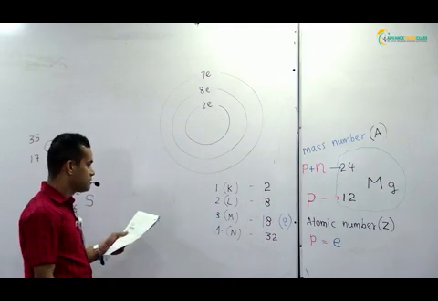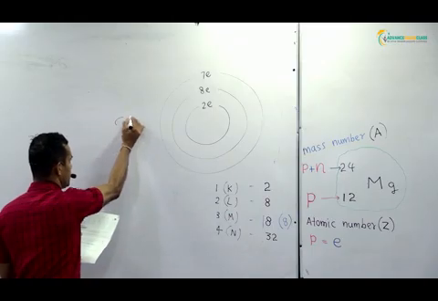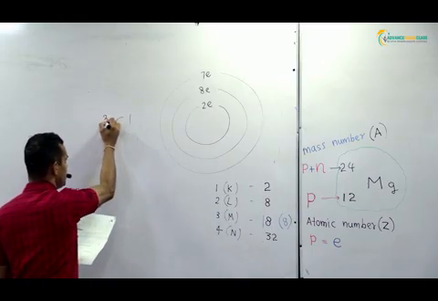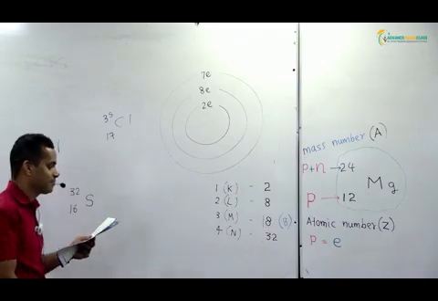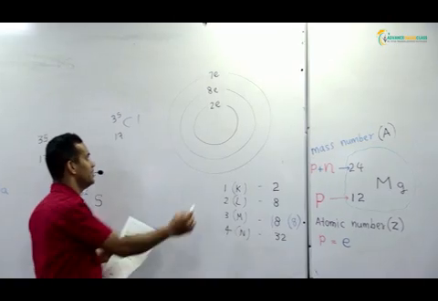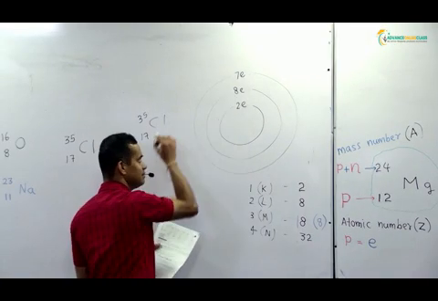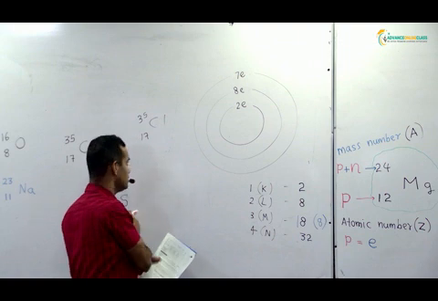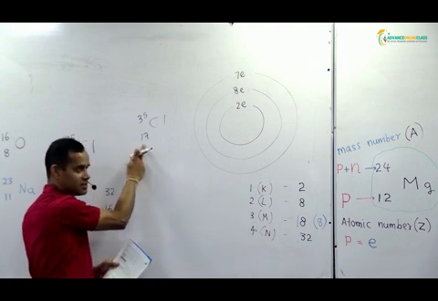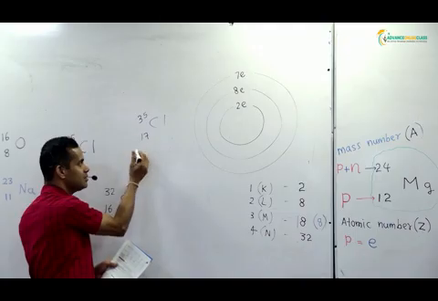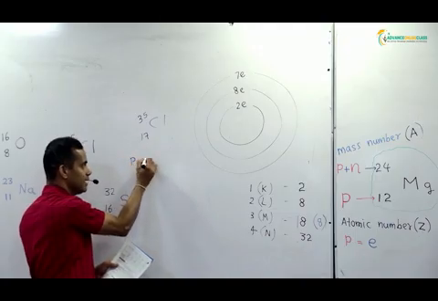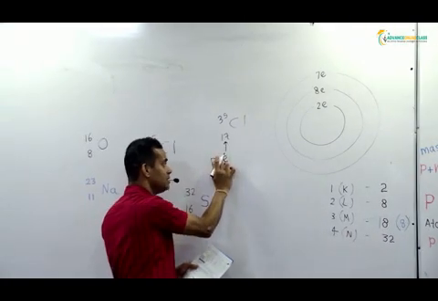Right. First one, chlorine 35. This way, 2 electrons, 8 electrons, 7 electrons are there. Total 17. Of course, total should be 17. And according to this, protons and electrons both are equal and 17.